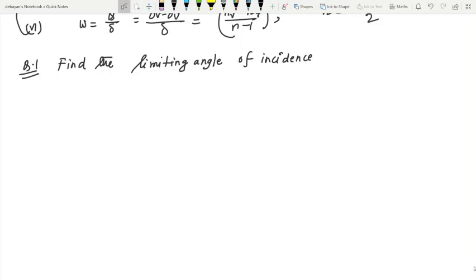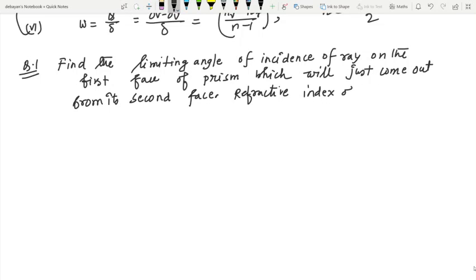The refractive index of the prism is 1.333, and its angle of refraction is pi by 3. That is the first question.